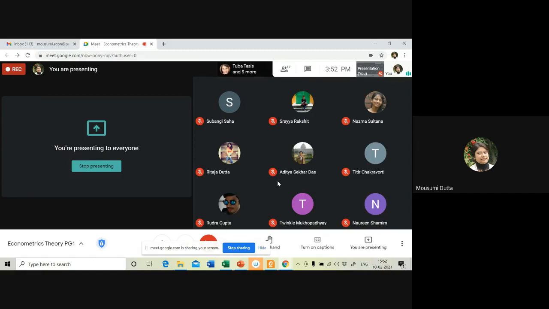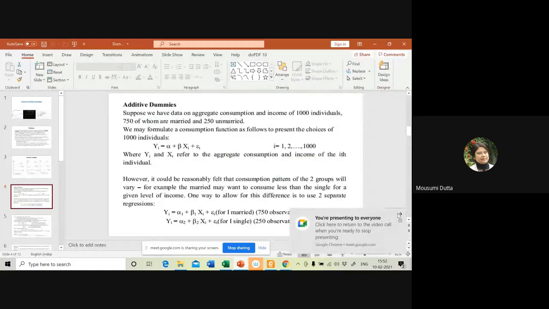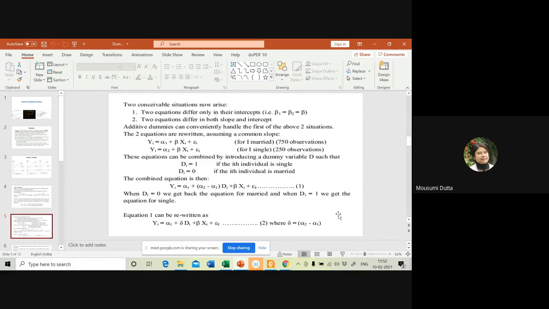We will not be able to keep track of everything. For that matter, we need to learn the formal methodology to handle these equations. Now, to begin with, we may think about separately running two regressions for 750 observations and 250 observations respectively.